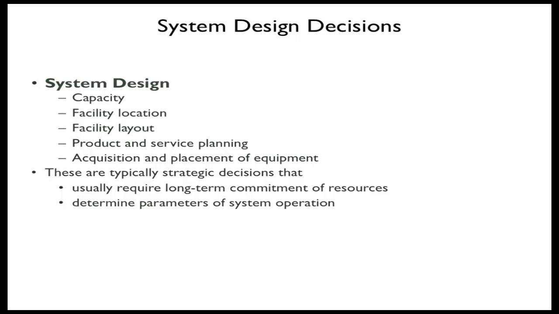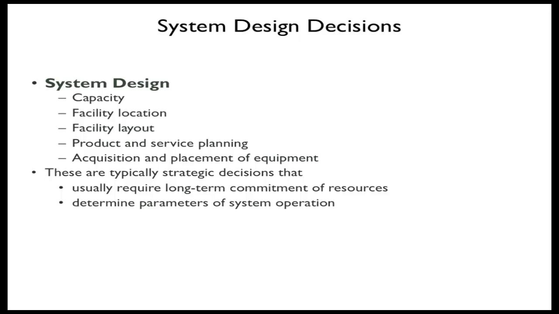Facility location: are we going to put it on Main Street or out in the country? Product and service planning: how are we going to create this product or service? Acquisition and placement of equipment. That's similar to facility layout, but where are we going to get big equipment, little equipment?